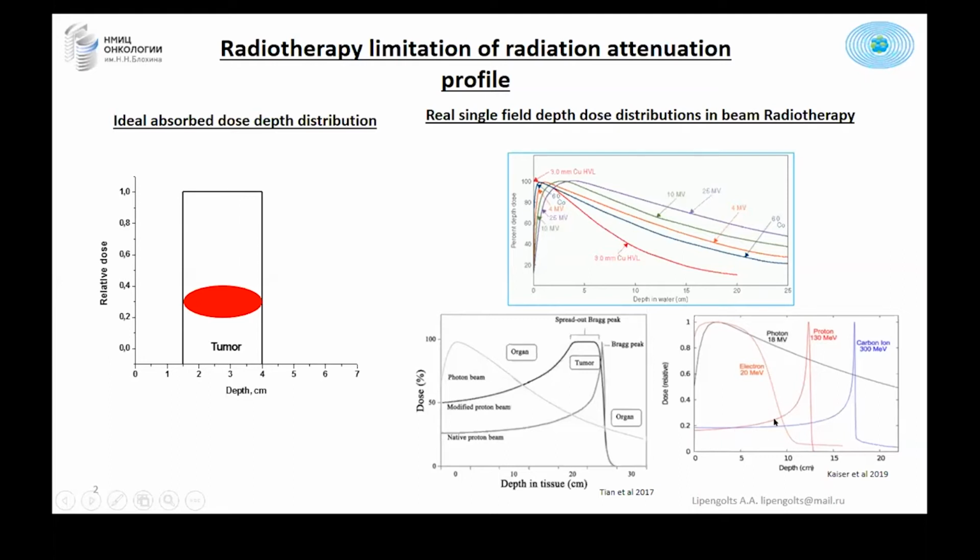But if we have to deal with an extended tumor with some length, with some volume, and we have to overlap separate profiles of the particles, then we inevitably lose this beautiful shape. And though on the right, to the deep, we have a very steep decrease in dose, to the left, to the surface, we still have a significant irradiation of normal tissues.